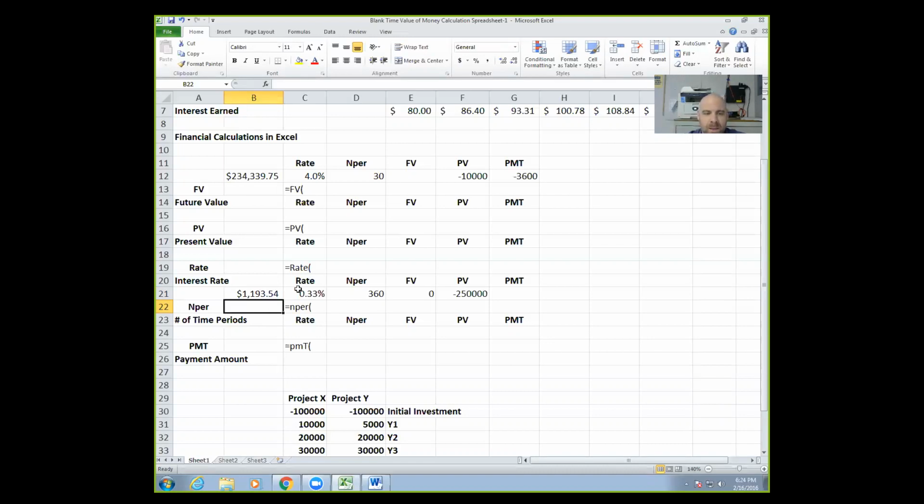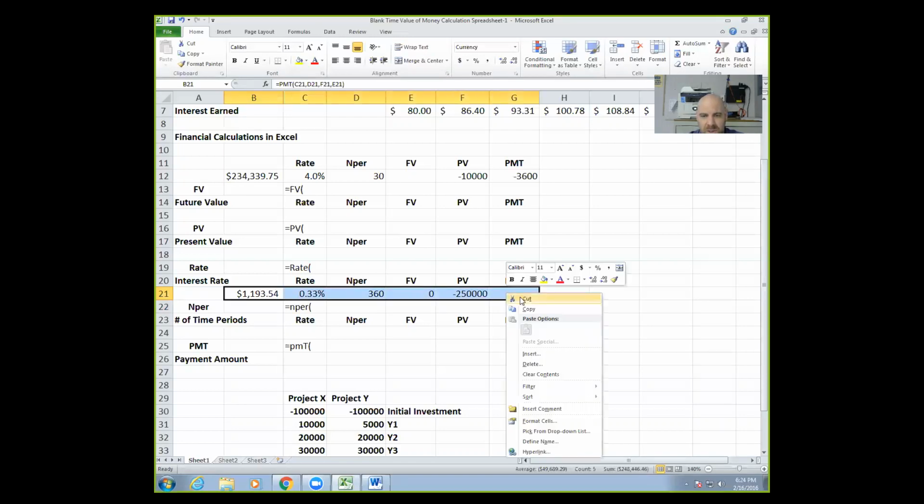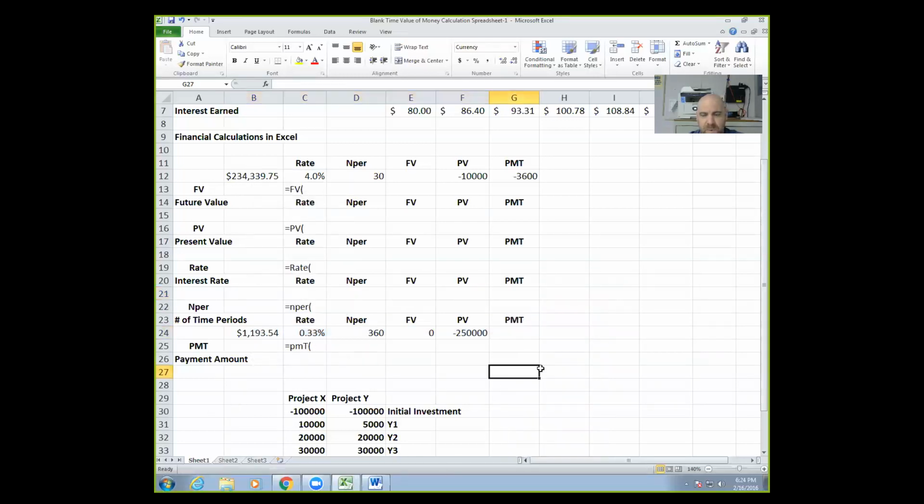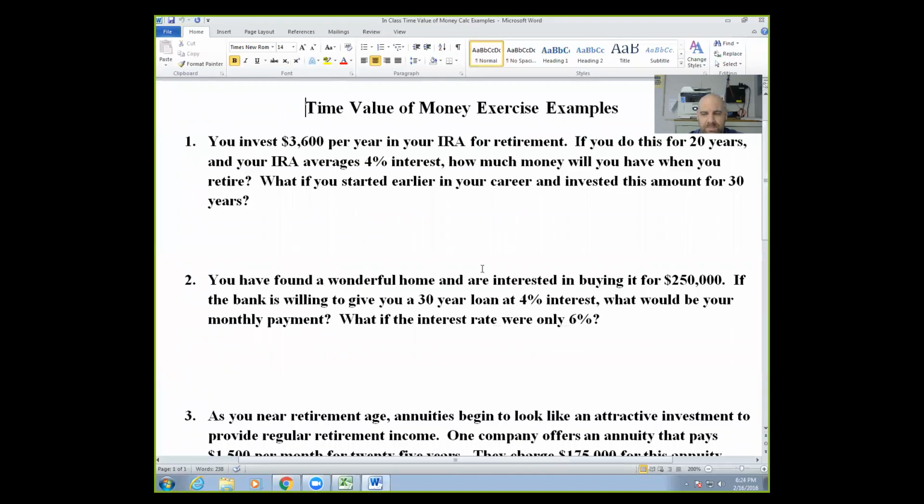But that is the payment. Actually, I'm going to move that down here so that it's right next to payment. Any questions about that payment function? This is calculating how much you would pay based on this information.